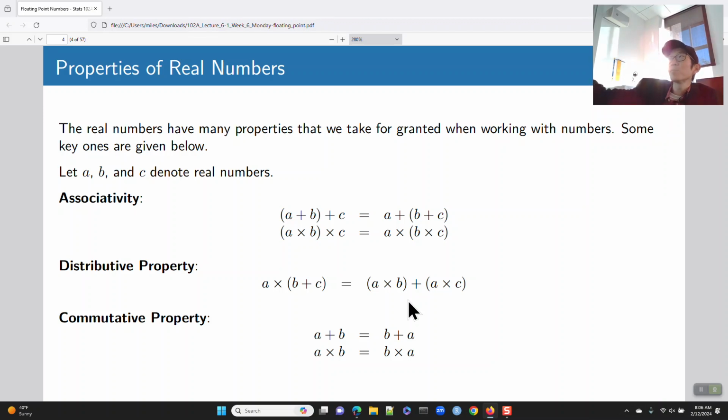These are rules that you learned, I don't know when, 4th grade, 5th grade, you start learning some of these very, very basic rules of math. You learn things like if you take these two numbers and you add them and you switch the order, it doesn't matter, right?